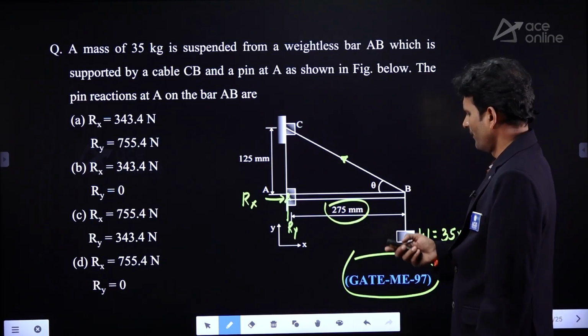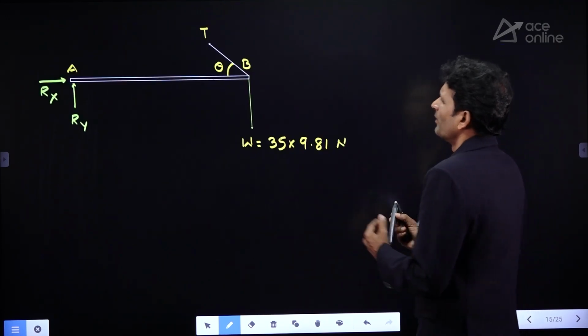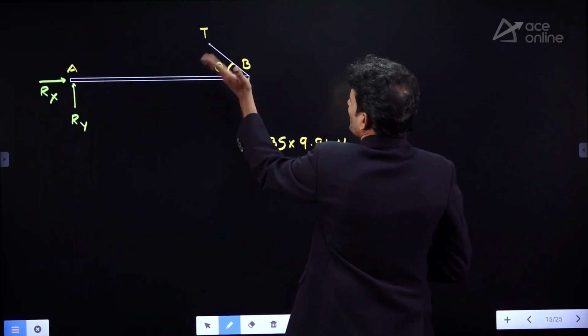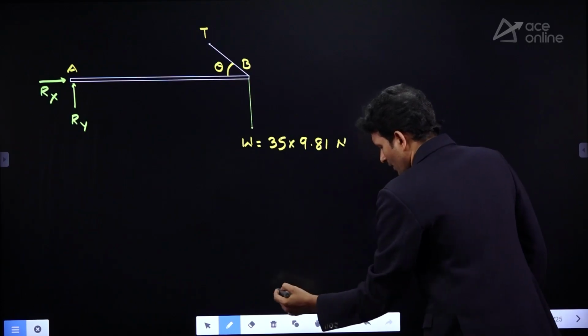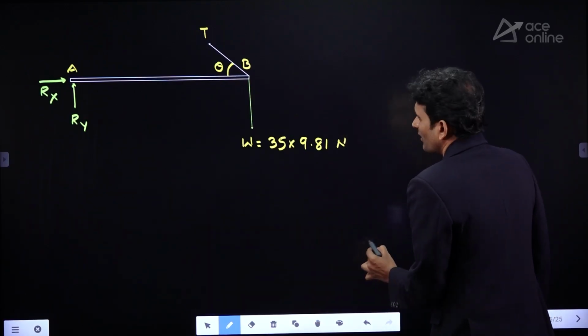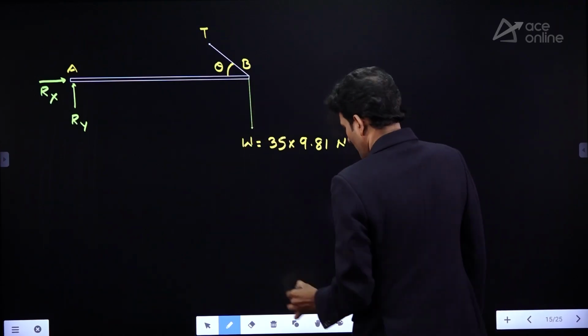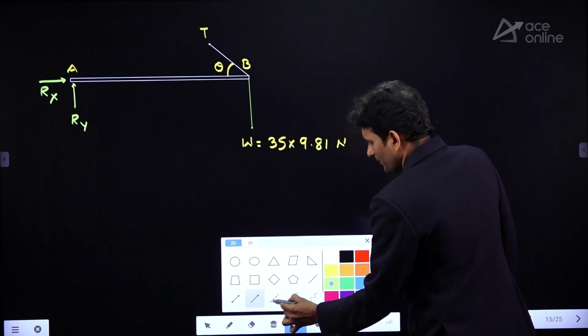So, first of all, this tension what we are observing on the cable, you can resolve along X direction and along Y direction. Let me take first that one.